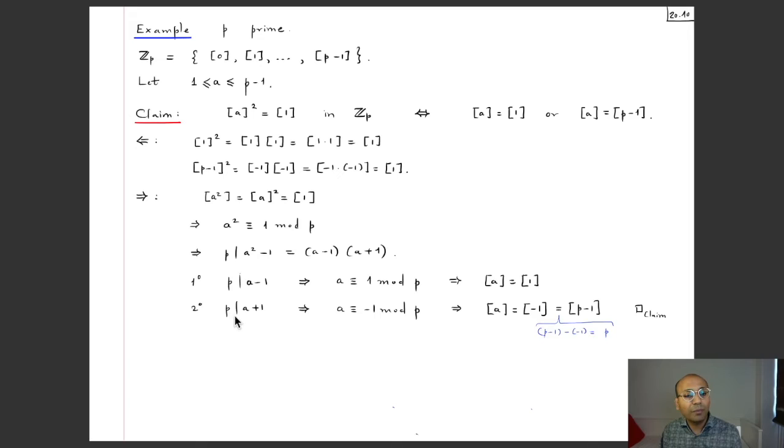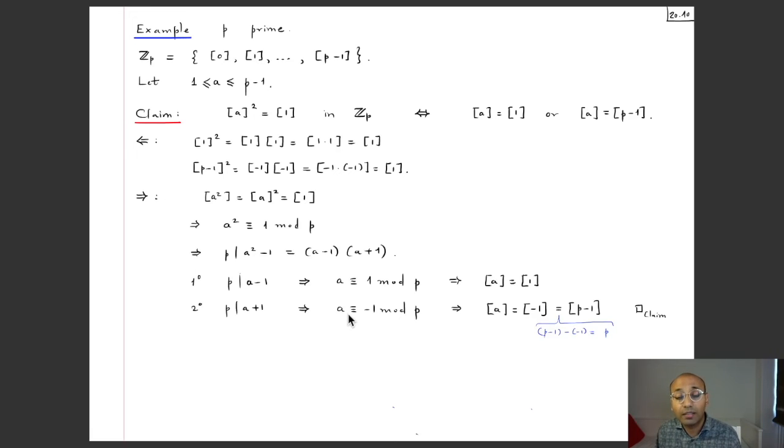And in the case when P divides A plus 1, then that's the same as saying that A is congruent to minus 1 mod P. After all, what does this mean? This would mean that P divides A minus minus 1, which is A plus 1, which we know is true. So A is related to minus 1 under this congruency relation mod P, and so the equivalence classes are the same.